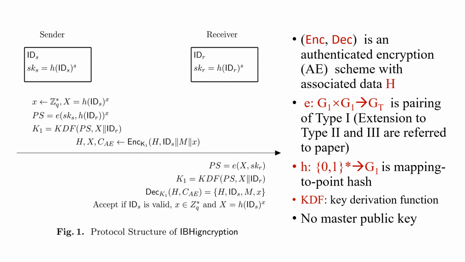The receiver accepts the ciphertext if the following holds. It checks whether the exponent x is in Zq star and big X equals the hash of the sender's identity to the power of the exponent small x. This is the protocol construction.